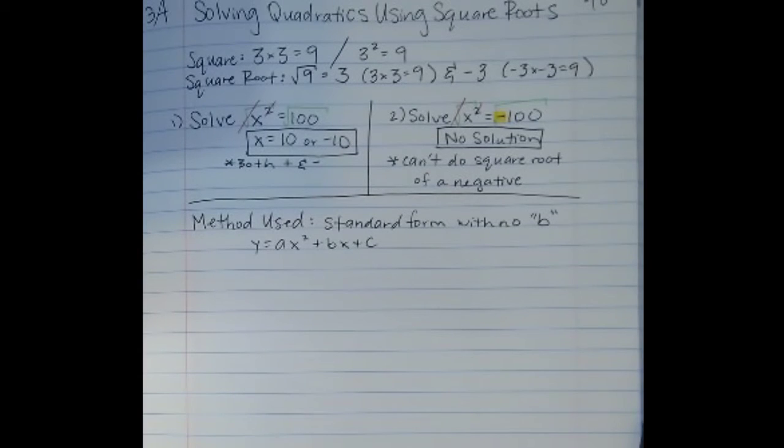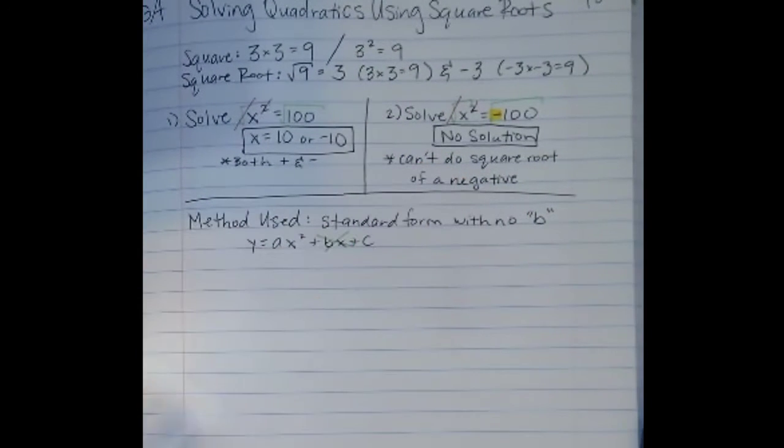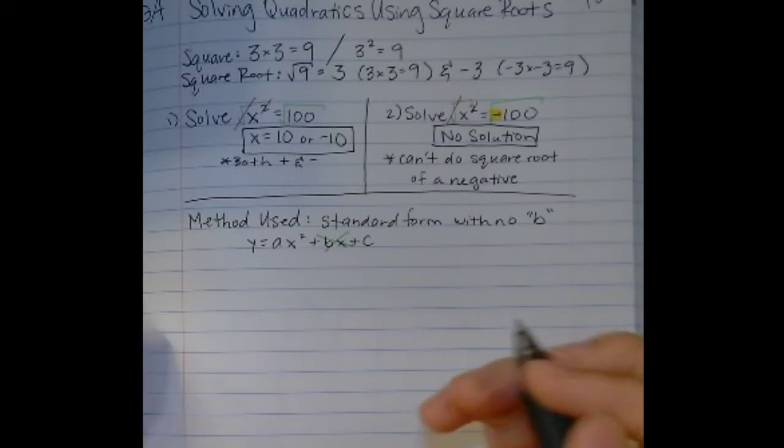This is standard form if I don't have a b value. There's nothing there in the middle. It's just ax squared plus c. This method's also super useful for vertex form. So that's what we're going to do next week. We'll tackle vertex form next week, which is the exact same thing. It's just one extra step. We'll do that next week, though.